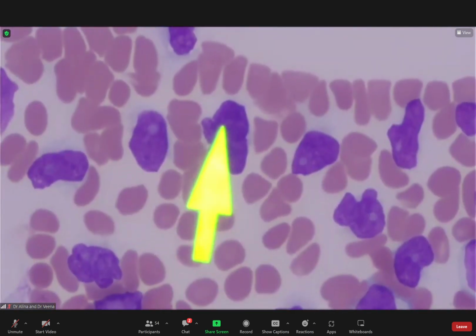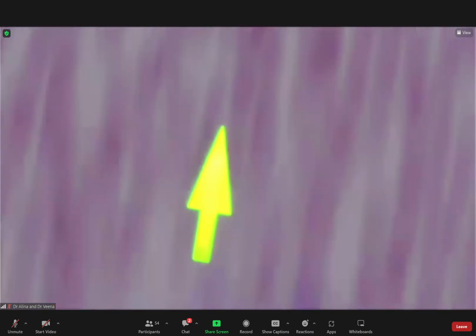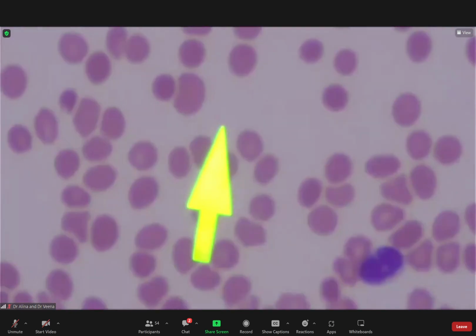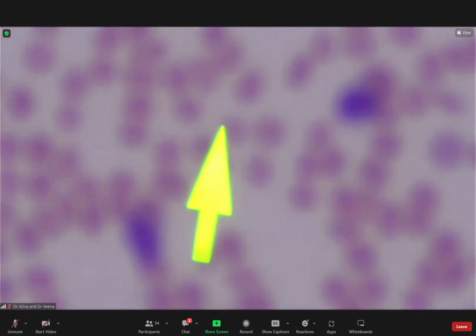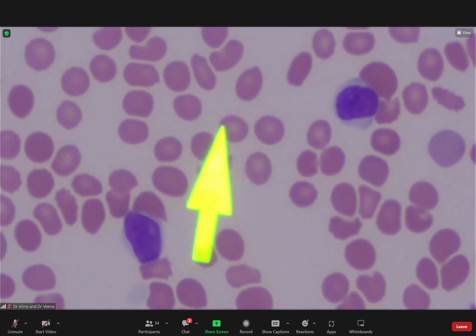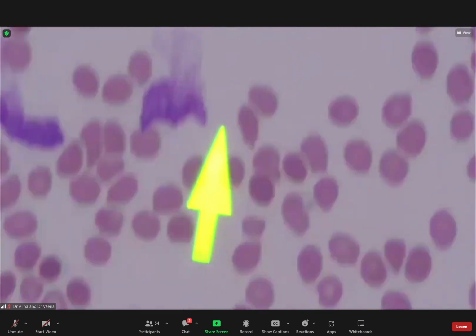Okay, but trust us, when you have the time, go back to this case and try and look for the Auer rods. Okay? Typically, they have single Auer rods. That's what we were planning to find.